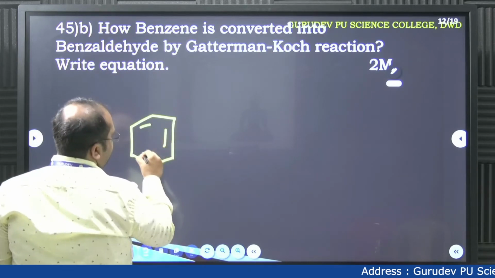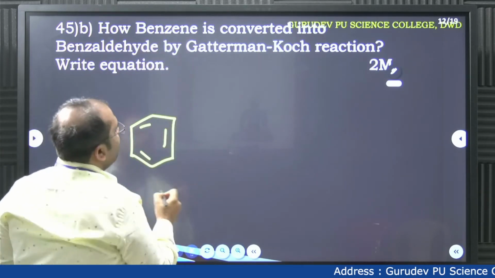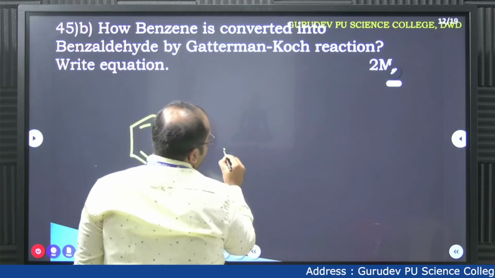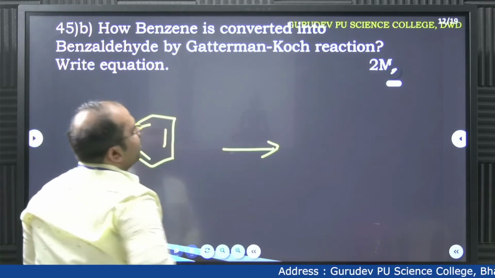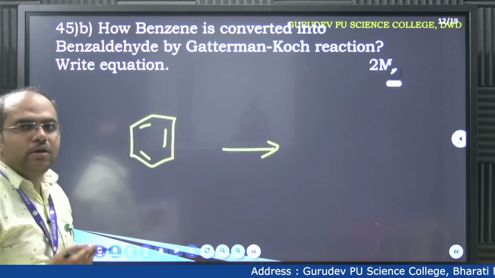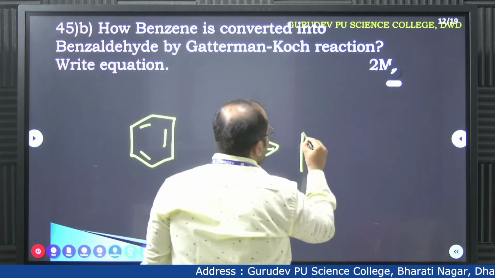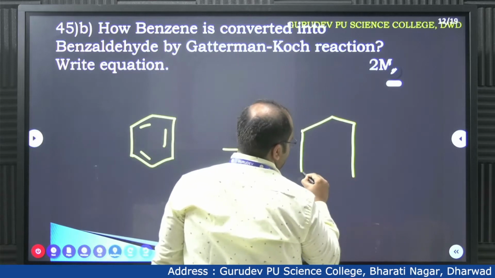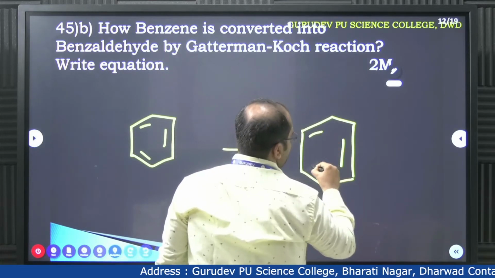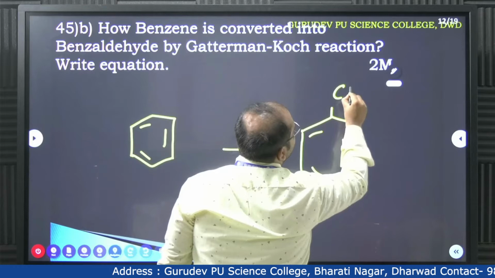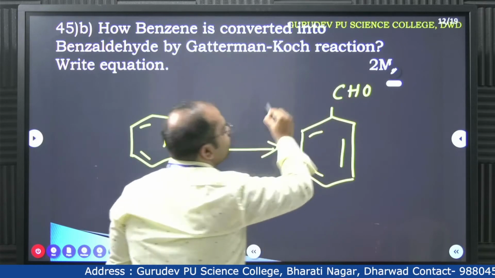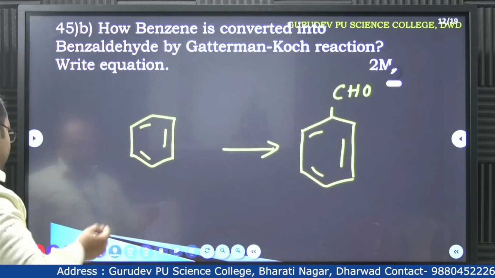Either you can think about the Gattermann-Koch reaction or the formation of benzaldehyde using benzene. By using benzene you are going to form benzaldehyde.